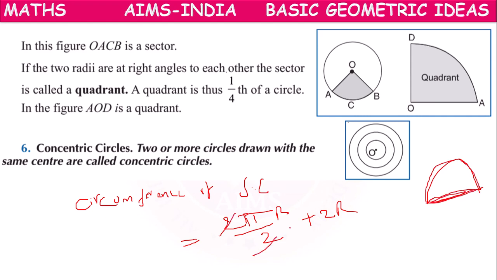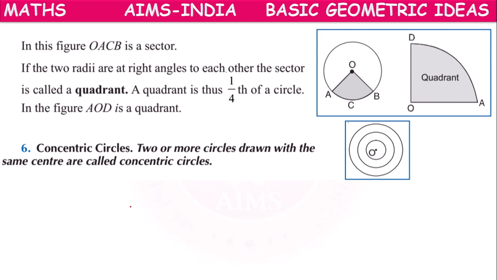So the 2s cancel. We can write it as pi r plus 2r. Next, what is a quadrant? 1/4 part of a circle whose radii are at right angles to each other. A quadrant is also half part of a semicircle.